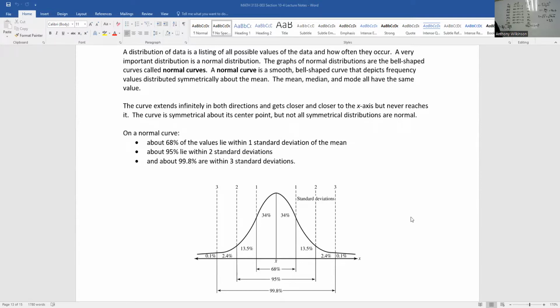That's what we mean by symmetric. Now the curve extends infinitely in both directions and gets closer and closer to the x-axis, but it'll never reach it. So if you look at the ends of this normal curve, or what we call the tails in statistics, you'll see that it gets closer and closer to this x-axis right here, but it'll never touch the x-axis.